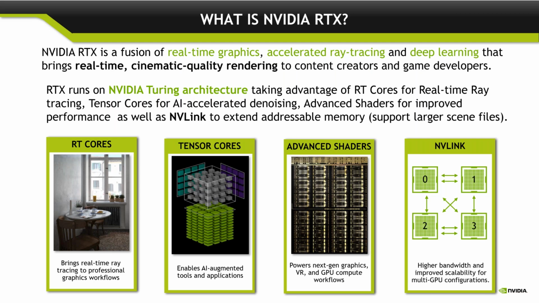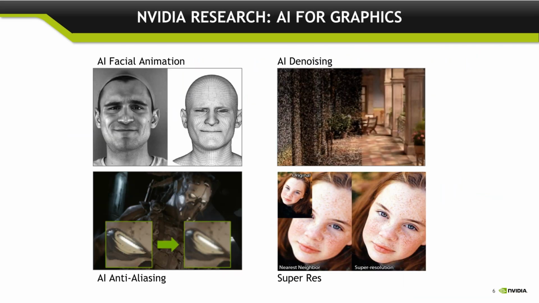So basically, it's a combination of new hardware features plus a whole lot of deep learning and other algorithms which are bundled into a technology called RTX. So that's basically RTX, and Turing GPUs are the ones which drive the RTX technology. And very happy to say that Arnold is one of the first renderers to fully implement RTX into the rendering pipeline.